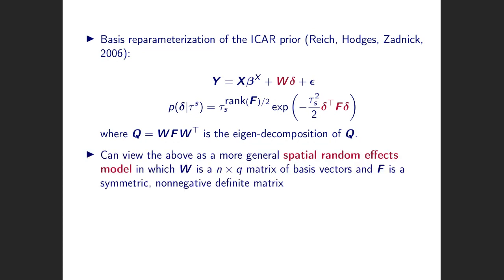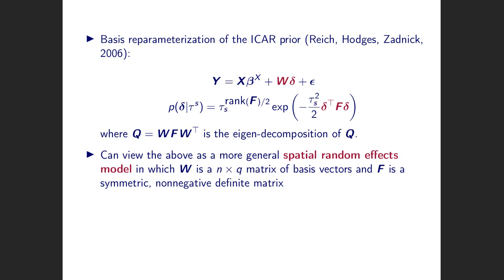So why is this helpful? Well, we can view this model specified in this way as a more general spatial random effects model, where W here can be any n by q matrix of basis vectors, and F is a symmetric, non-negative definite matrix.